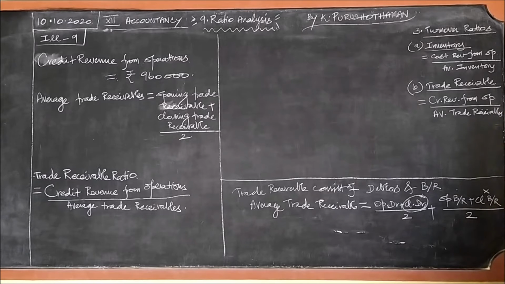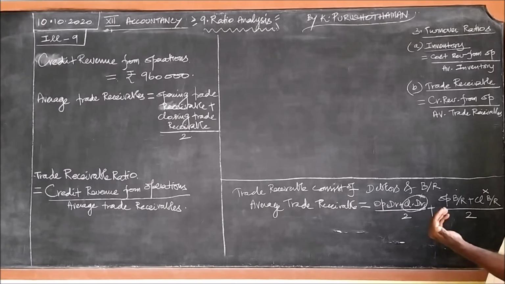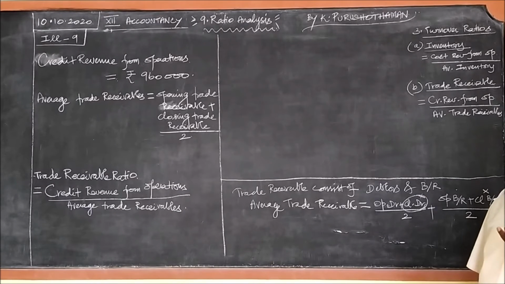Regarding the bills receivable also, if opening bills receivable and closing bills receivable are given, you can add and divide by 2. But here only the closing bills receivable is given, no opening bills receivable, and therefore there is no question of finding the average. To find the average, you need at least 2 items: add 2 and divide by 2.